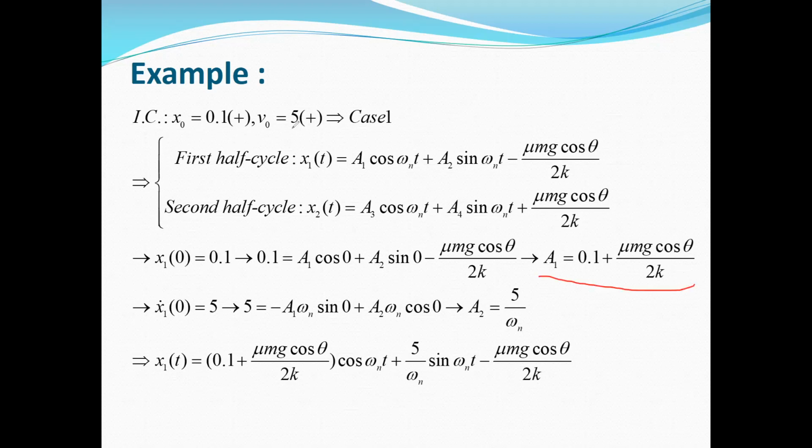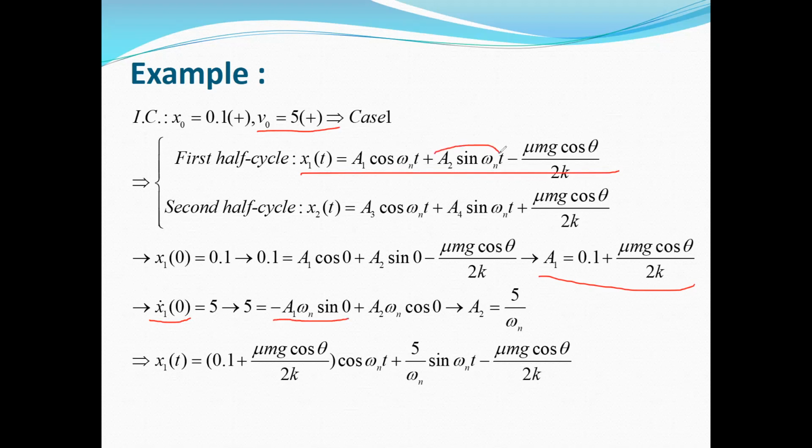The second condition is that the velocity at t equal to 0 is 5. So we need to obtain x dot, the derivative of x1 with respect to time. When you calculate the derivative of x1, it's equal to minus a1 times omega n times sine omega nt, and when you substitute t equal to 0, it will be sine 0. This is the first term.